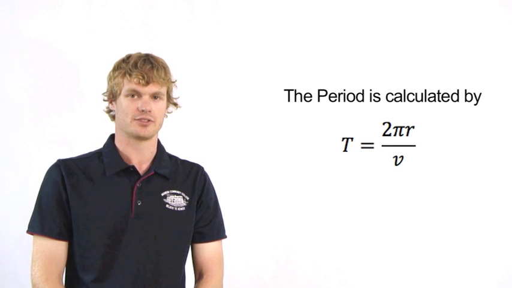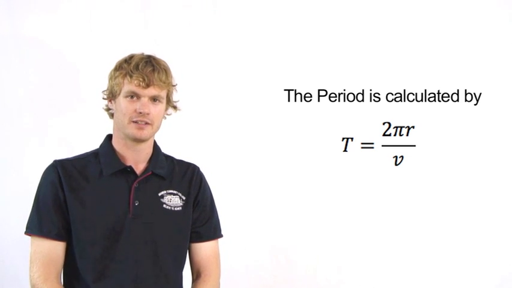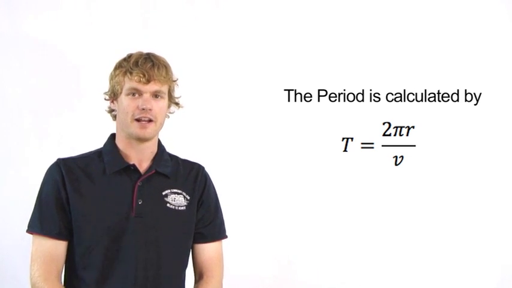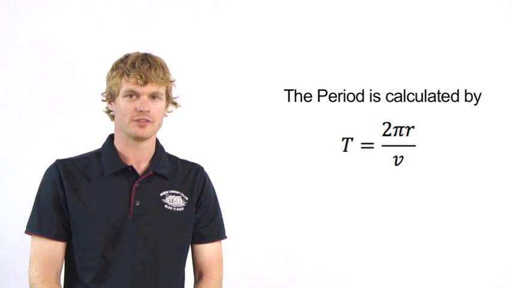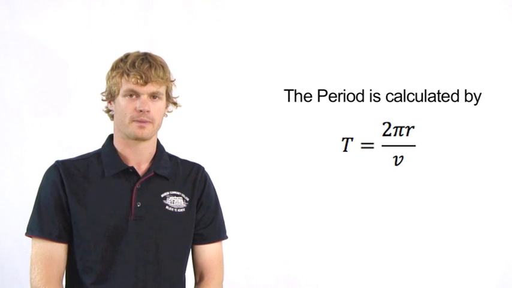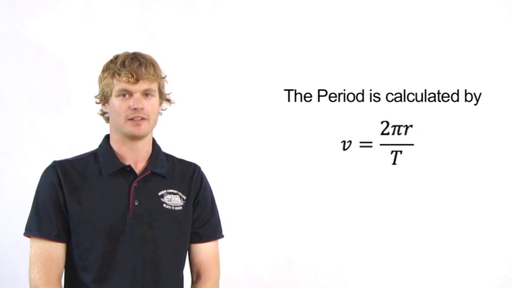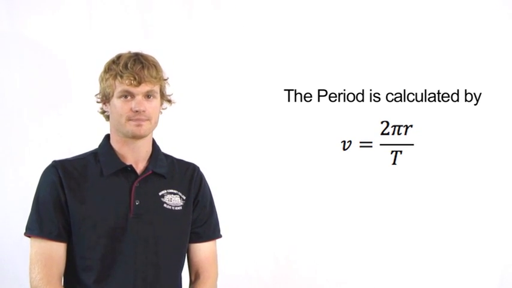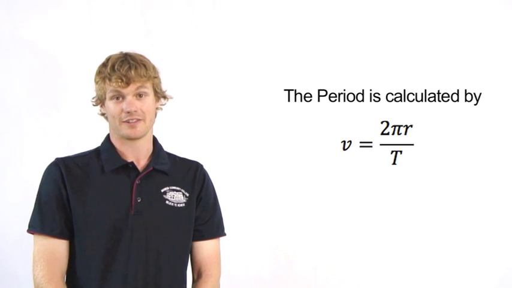So the period is equal to 2 times pi times the radius of our uniform circular motion, all divided by our speed. Now we can rearrange this formula and find out the speed of the object. Again, if you want to see how to use the centripetal acceleration formula and this period formula, check out the Livescribes.